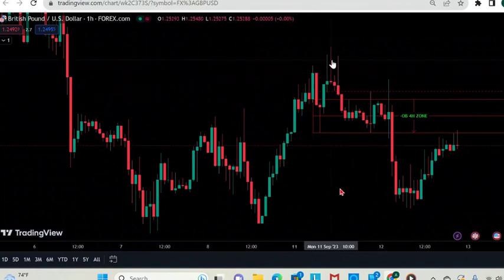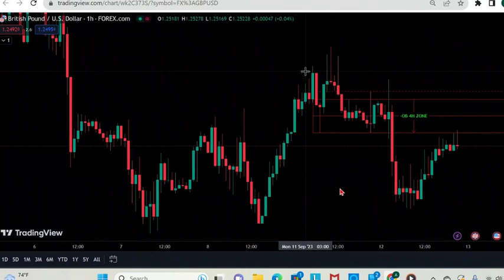Listen, the bearish order block is the last down close candle before it took out the last high. It's like a V. It's the last down close candle before it took out the high before it started making lows.